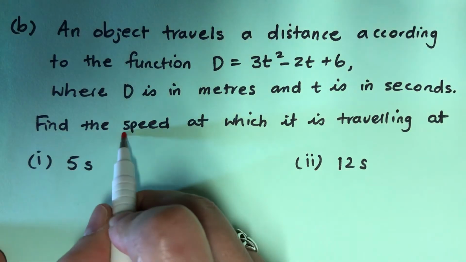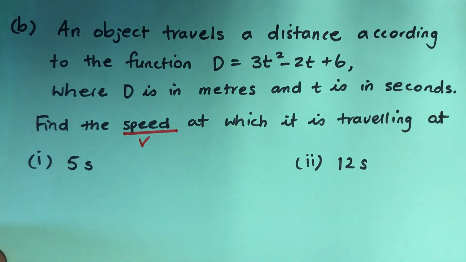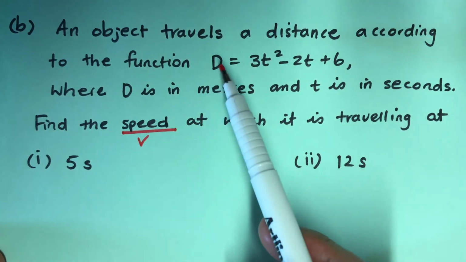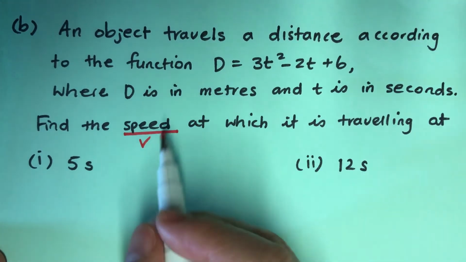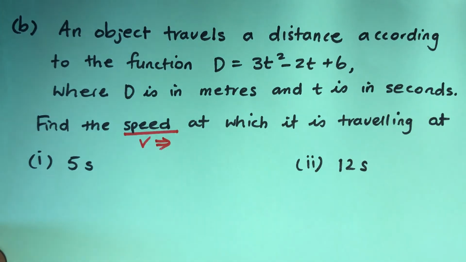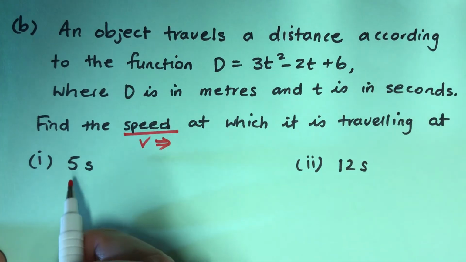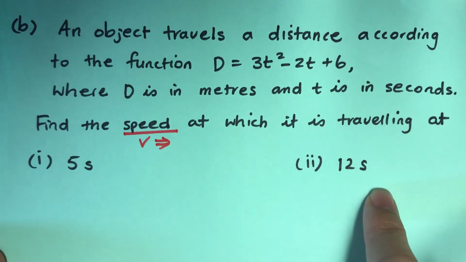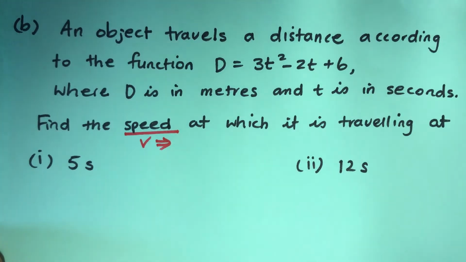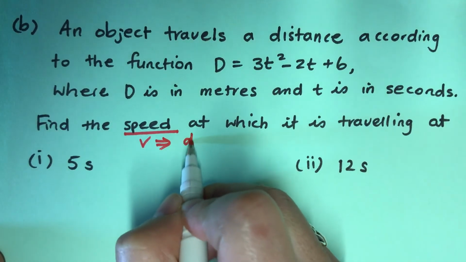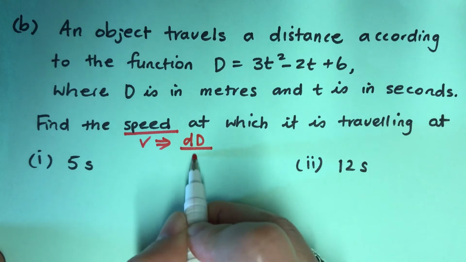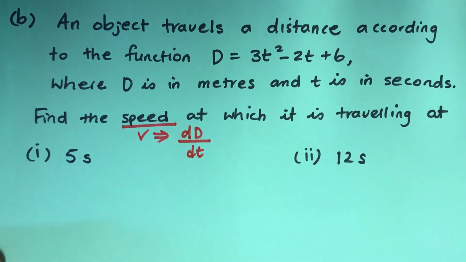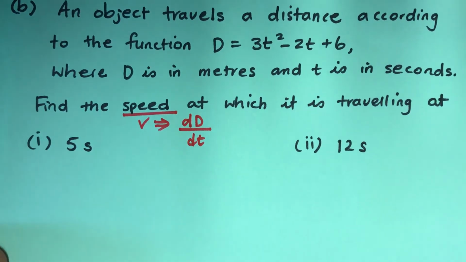Okay, so speed, it's like a velocity, right? And the graph of the distance and time, this will be the gradient, and it's only at one point, so we are looking at instantaneous rate of change. So it'll be dd over dt. That's what we're looking at. Okay, excellent.